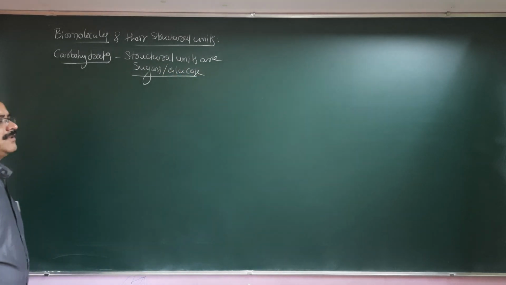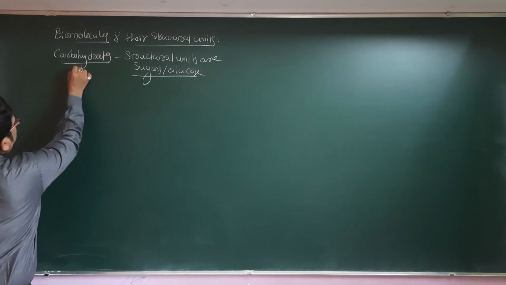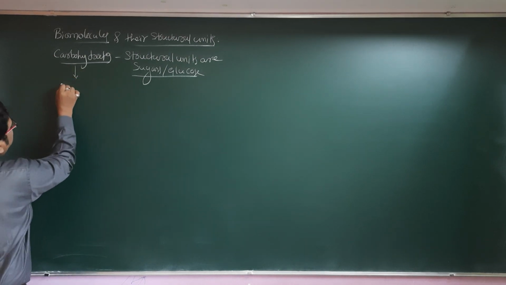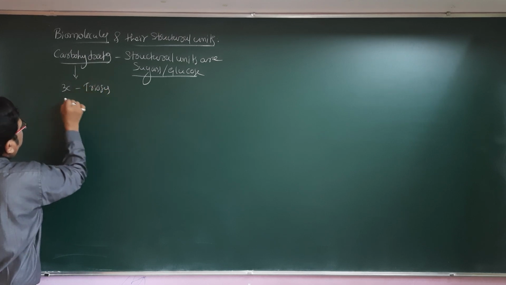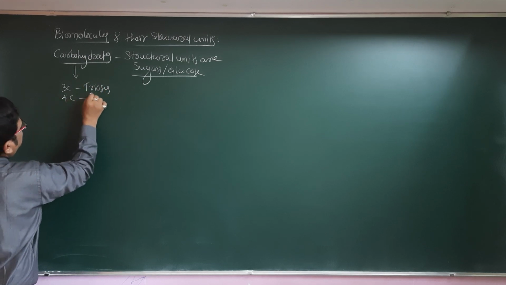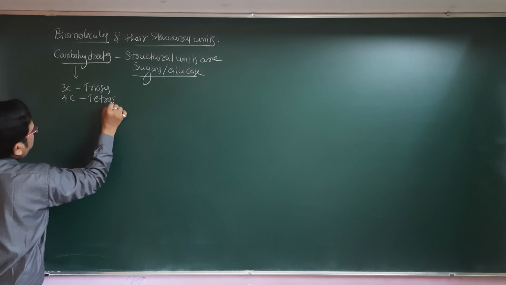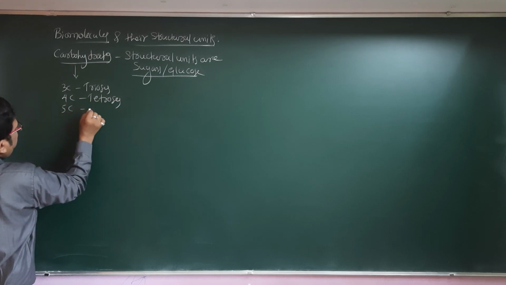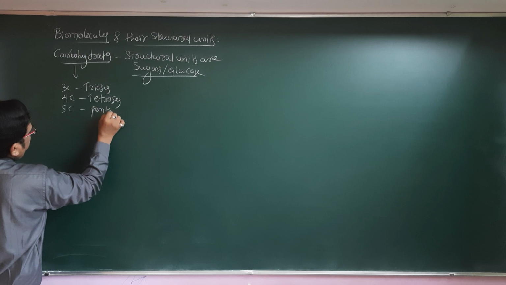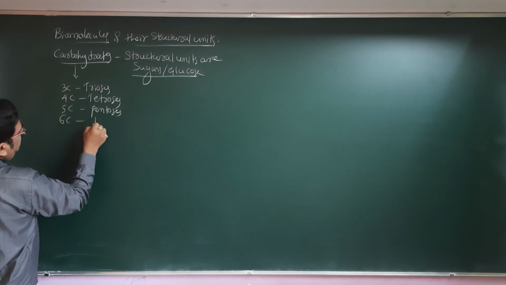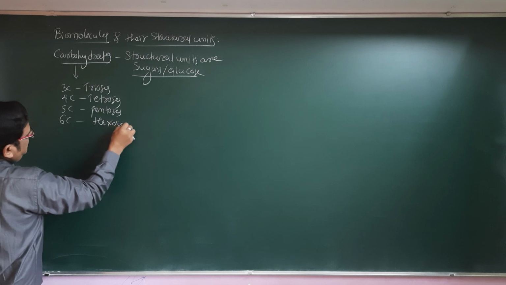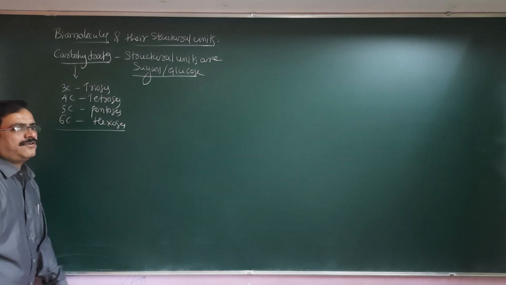Fine. So for carbohydrates, with 3 carbons they are trioses, 4 carbons tetroses, 5 carbons pentoses, and 6 carbons hexoses.